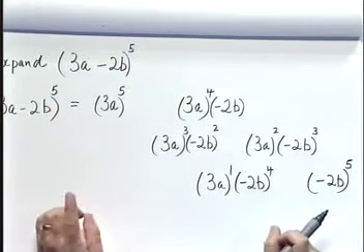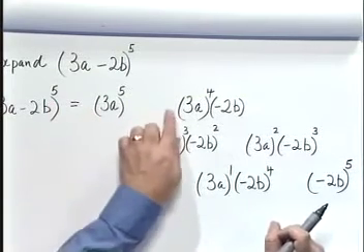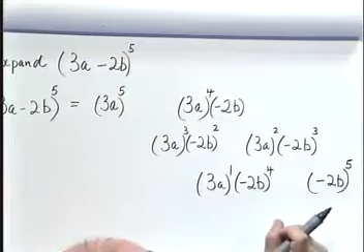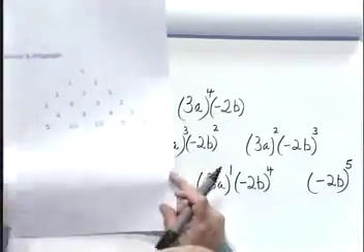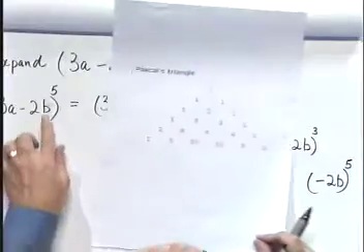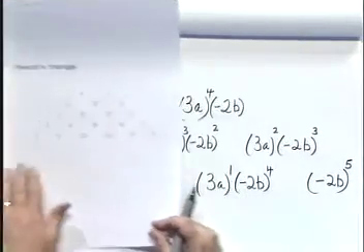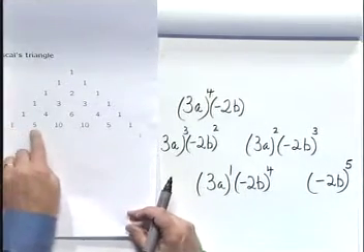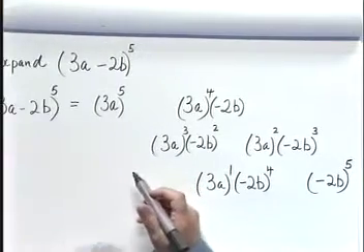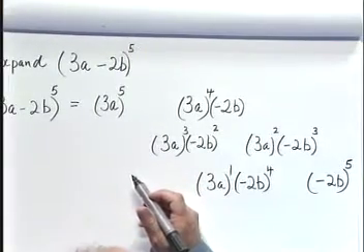We also need our coefficients, the numbers in front of each of these 6 terms. The coefficients come from the row beginning 1, 5, because the problem has a power 5 in it. The coefficients are 1, 5, 10, 10, 5, 1.